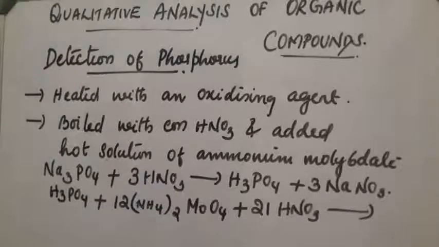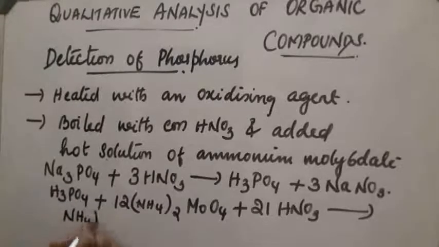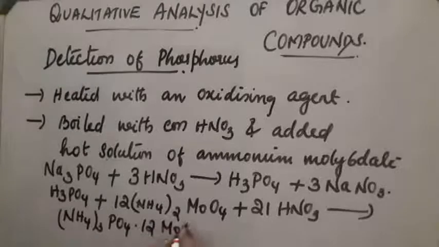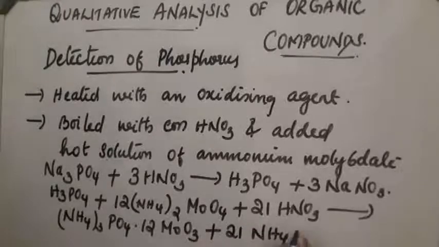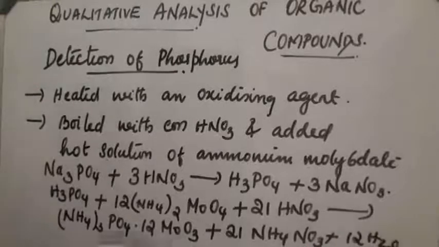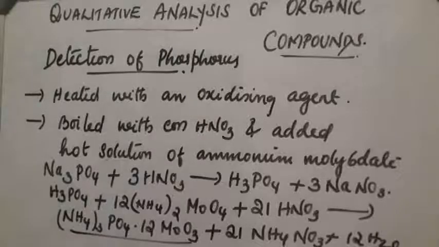The compound obtained will be (NH4)3PO4·12MoO3, plus 21 NH4NO3. This is ammonium phosphomolybdate, which is yellow in color. This shows the presence of phosphorus.